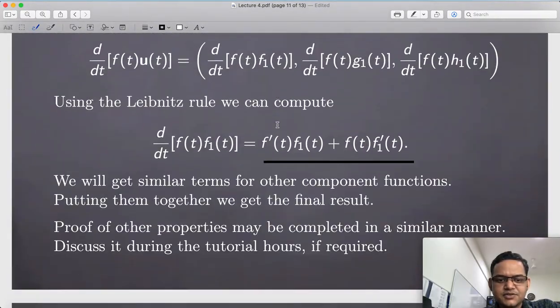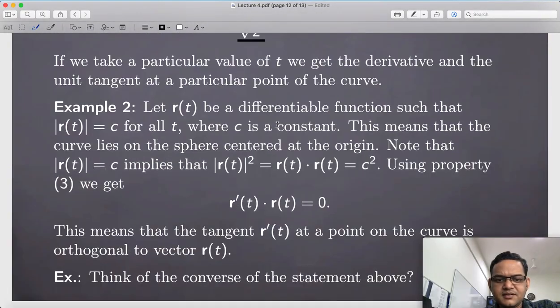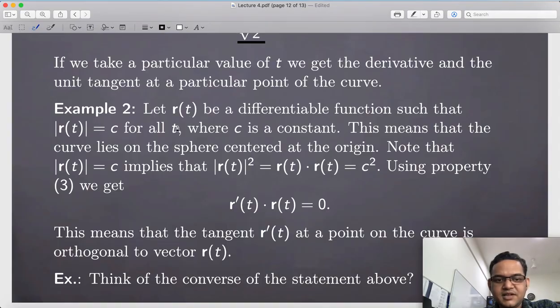All right. So this is another example, a different kind of example, or it can be thought of as a property. You take a vector valued function and assume it's differentiable, and also assume that its magnitude is always constant.